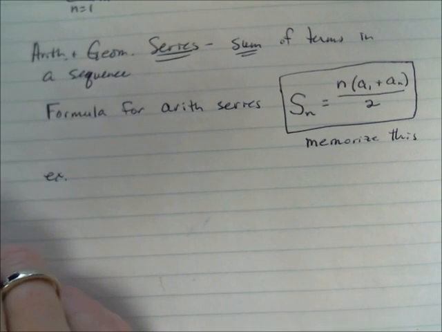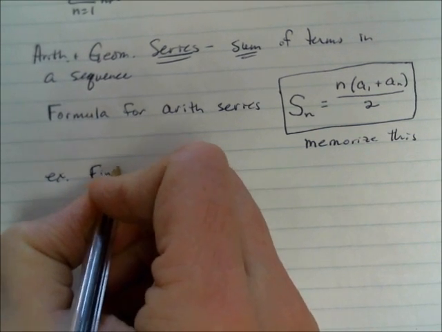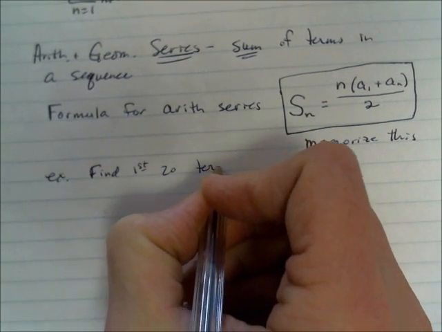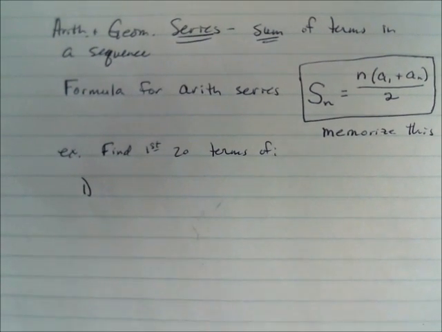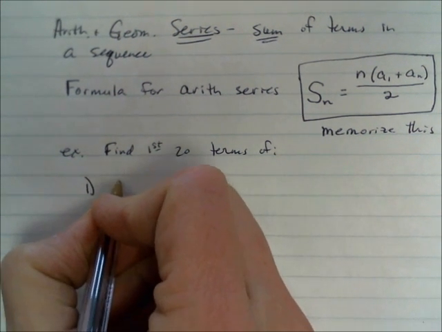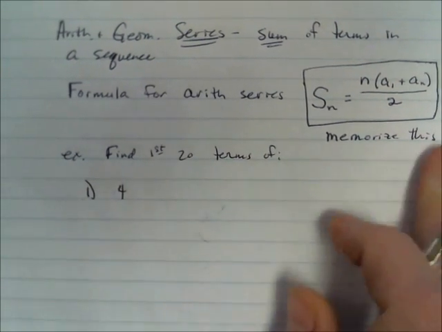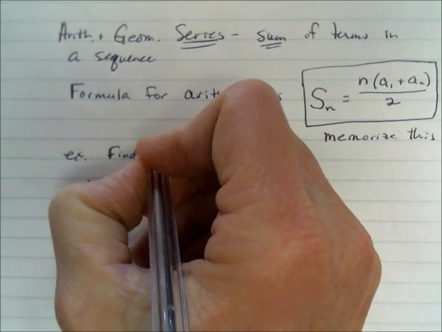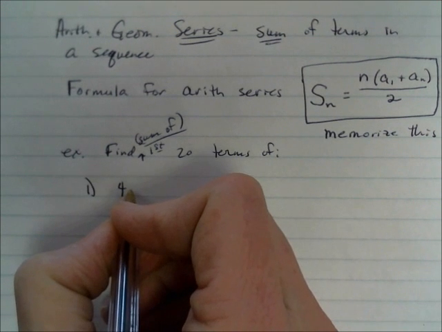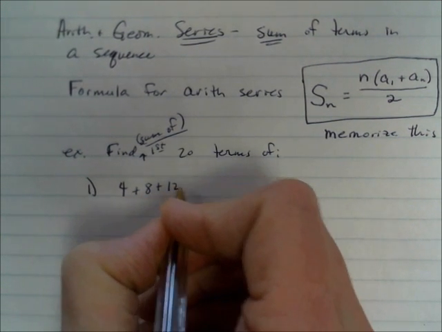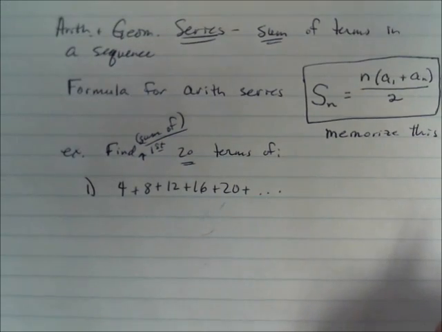Okay. Example number 1. Let's say I'm going to ask you to find, I'm sorry, not the first 20 terms, but the sum of the first 20 terms of 4, 8, 12, 16, 20, all the way up to 20 terms.